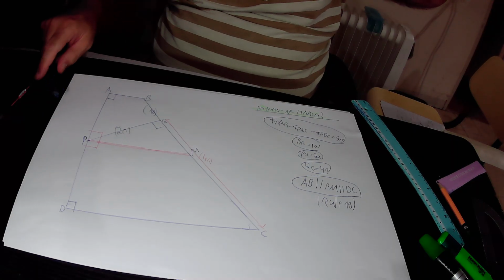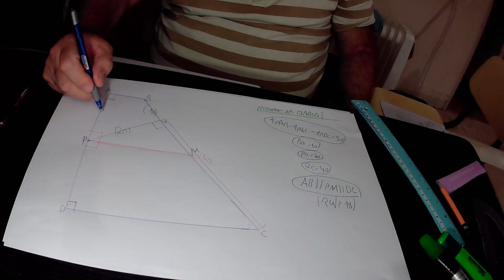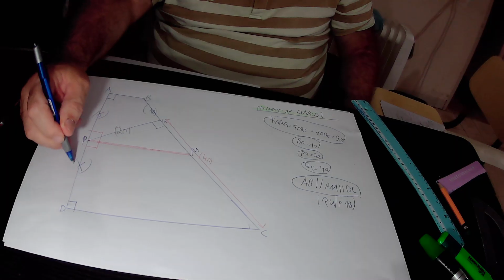It is also given that AP equals PD. So if AP equals X, then PD must also equal X because they are equal to each other according to what is given.